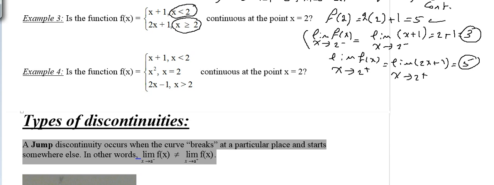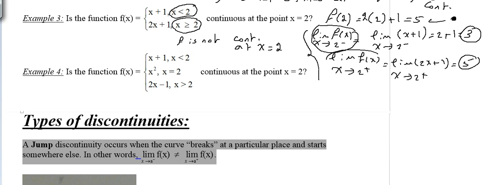But the third condition says they should both be equal to f of 2, and that's not so. So f is not continuous at x equals 2. Why? Because the limit of f of x as x tends to 2 minus does not equal the limit of f of x as x tends to 2 plus.